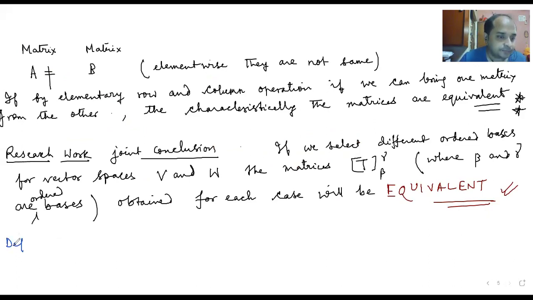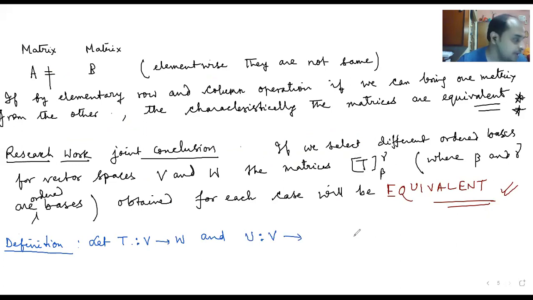This is a very important definition. Let T be a linear transformation from V to W, and U another linear transformation from V to W. Oh, they are saying they are arbitrary functions, not linear transformations.